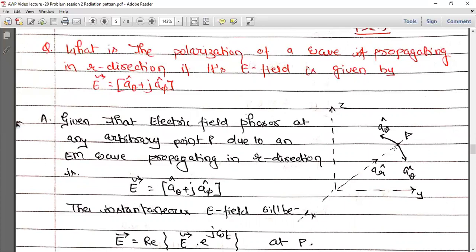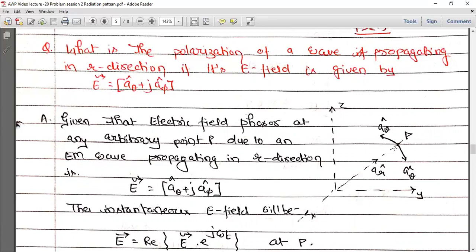Obviously, as we have understood in our class, as the A theta and A phi components of electric field intensity vary with respect to time, the resultant electric field intensity will change. The direction and the magnitude of electric field intensity both may change.